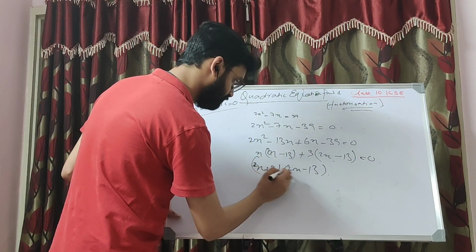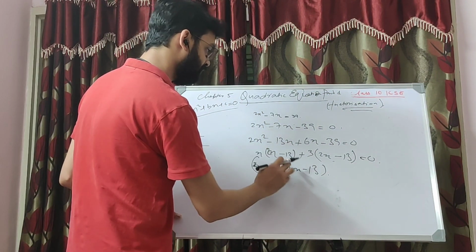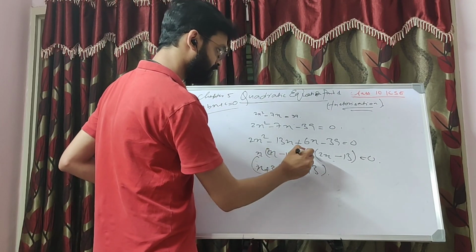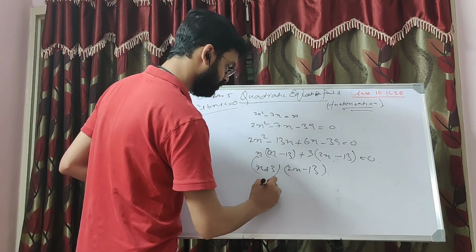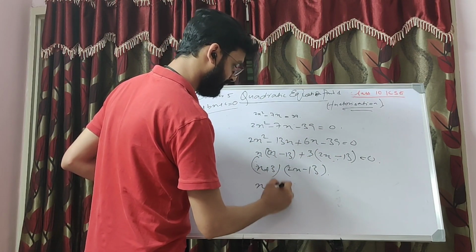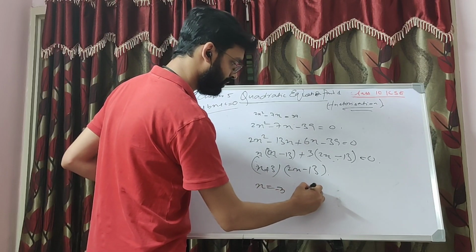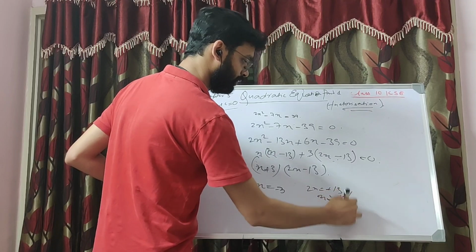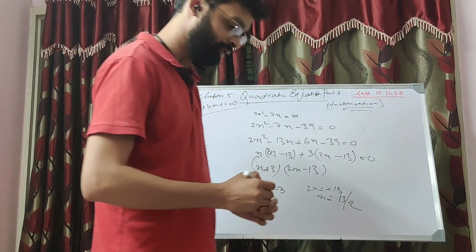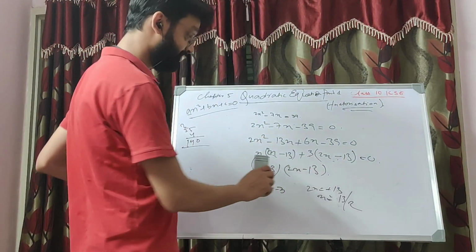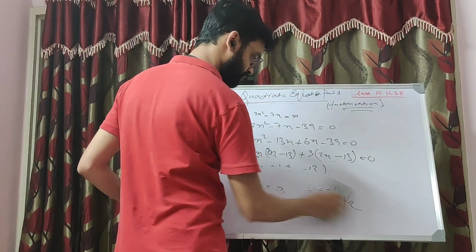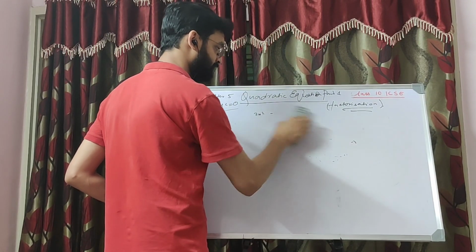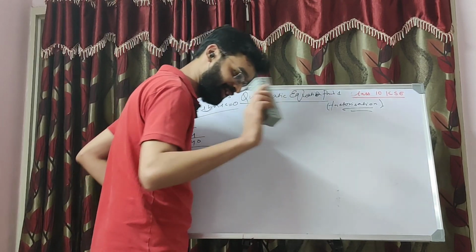One will be x plus 3, another will be 2x minus 13. So x is equal to, one value will be minus 3 and for the other, 2x is equal to plus 13, so x is equal to 13 by 2. This is the correct value. Sorry for the last part, I was a little confused. I am sorry for that because I messed up here, but I understand that you will forgive me for this.